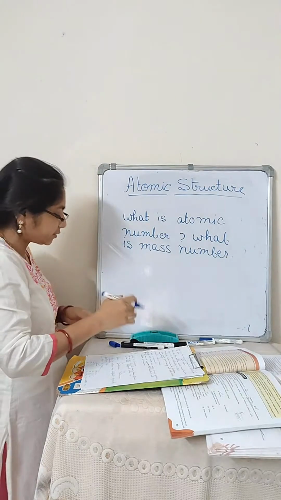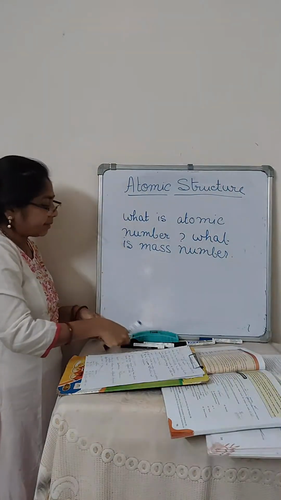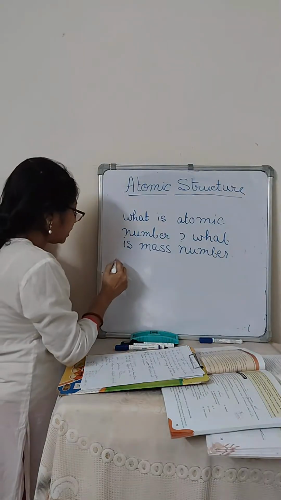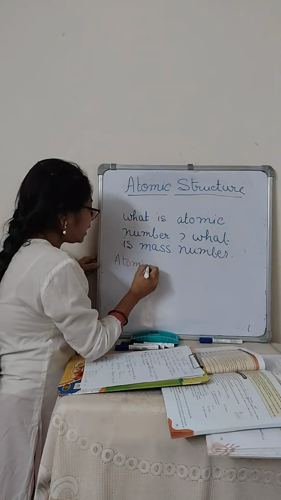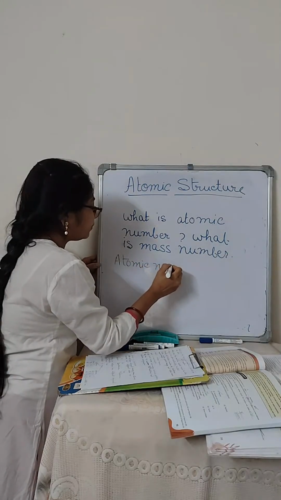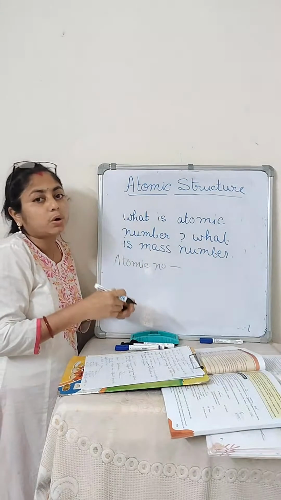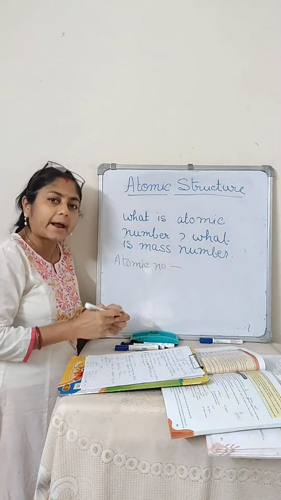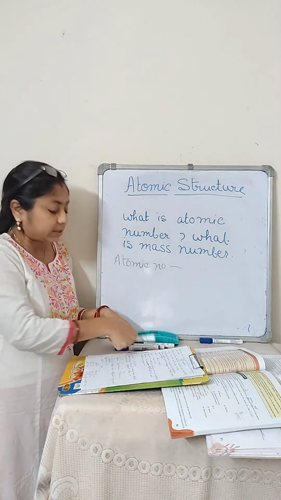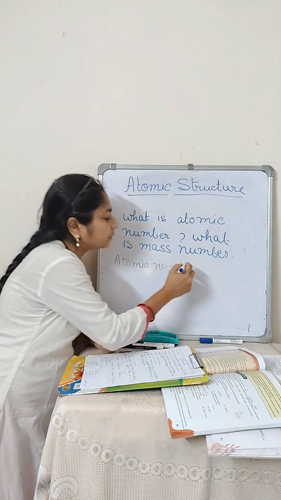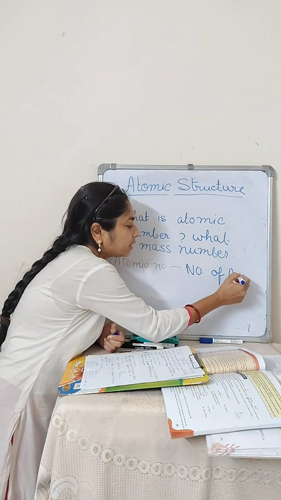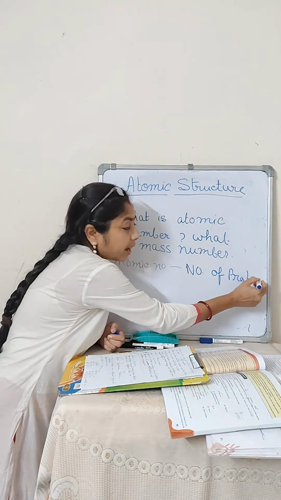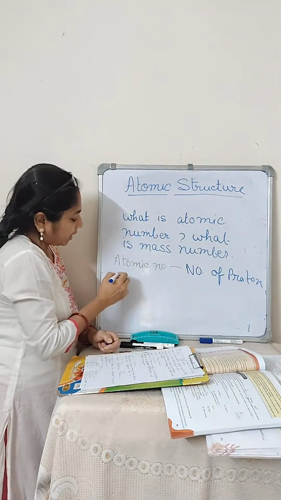Please write the question first. Atomic number. First I tell atomic number. Number of protons in an atom is called atomic number. Number of protons is called atomic number.